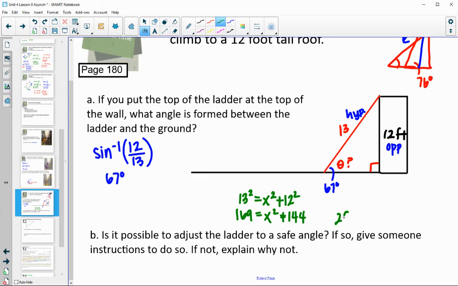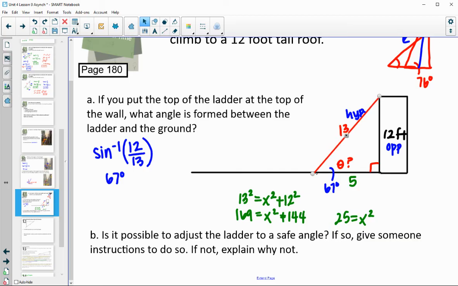So subtract 144 from both sides and then square root it, and you find out that that's 5. So how far in could we move this? So we know we can't move it out more than 5 because then this ladder wouldn't be tall enough. Okay, so it wouldn't reach up to the top of the building.